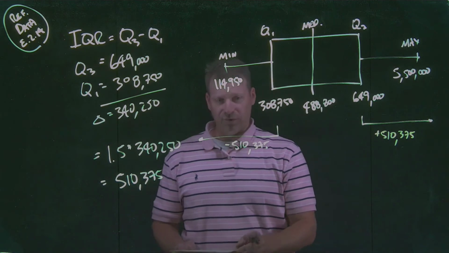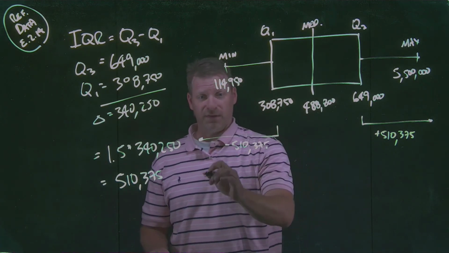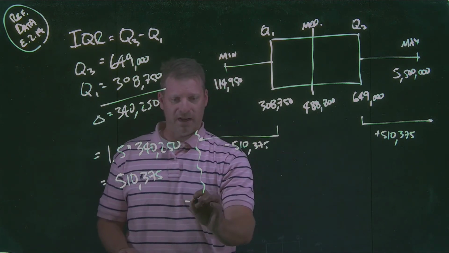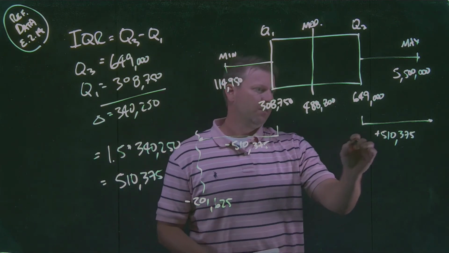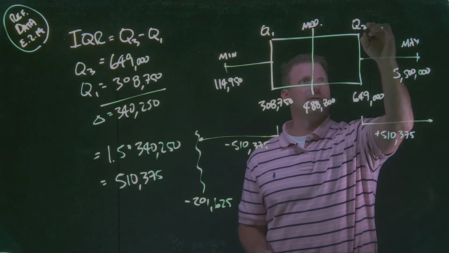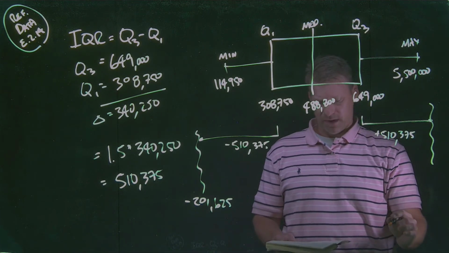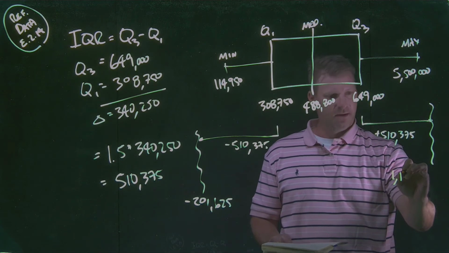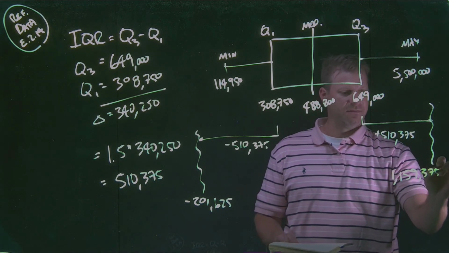So if we subtract the 510,375 from our 308,750, it gives us this crazy number down here around negative 201,625. If we add the 510,375 to our third quartile value, we're saying the other end of the definition of our outliers is somewhere out here at 1,159,375.